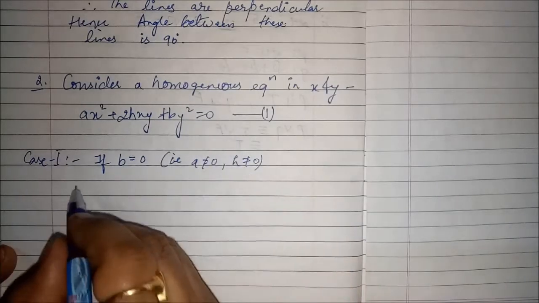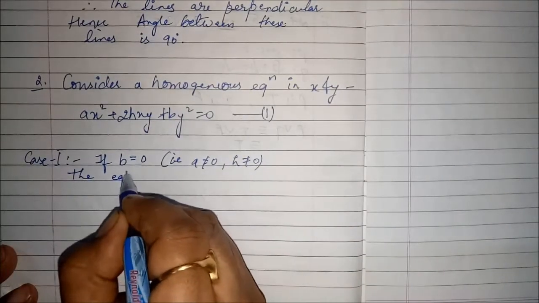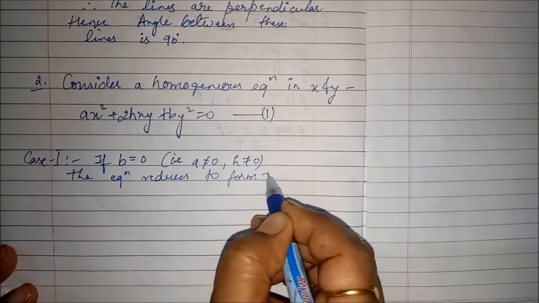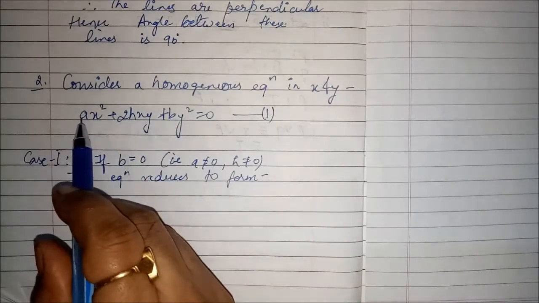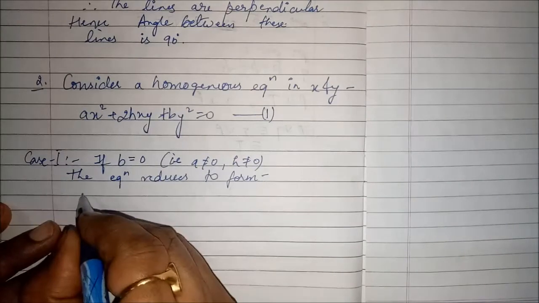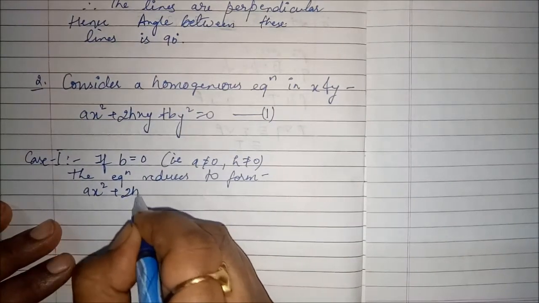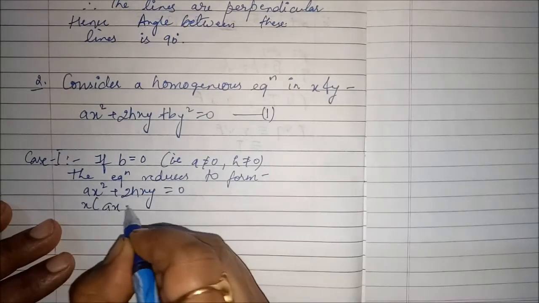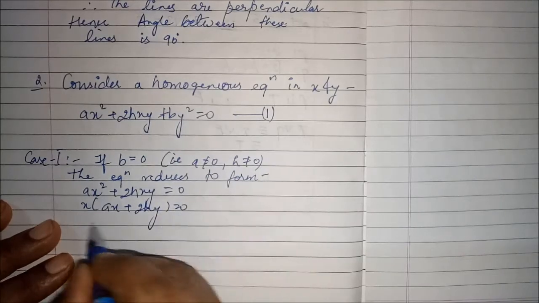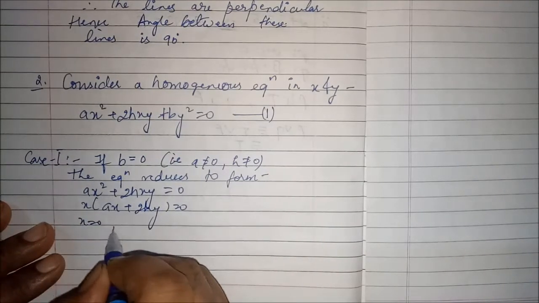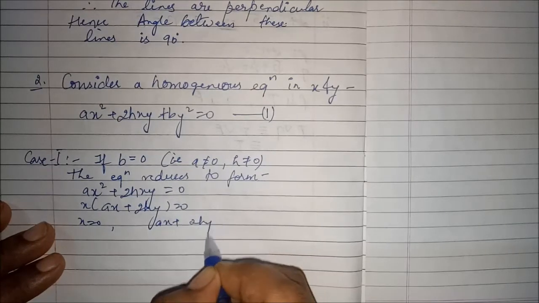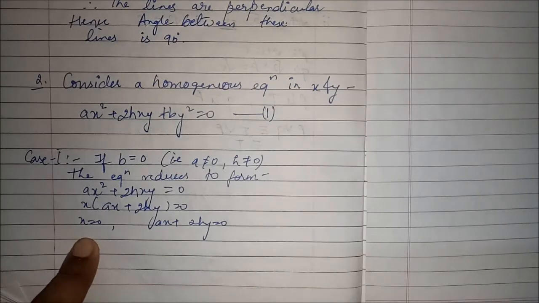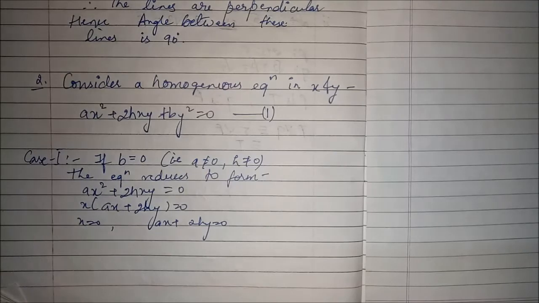In this case, equation 1 reduces to ax square plus 2hxy equals to 0. From here we take x common, so we get x times ax plus 2hy equal to 0. Now x equals to 0 and ax plus 2hy equals to 0. We are getting these two lines where x equal to 0 represents the y-axis.